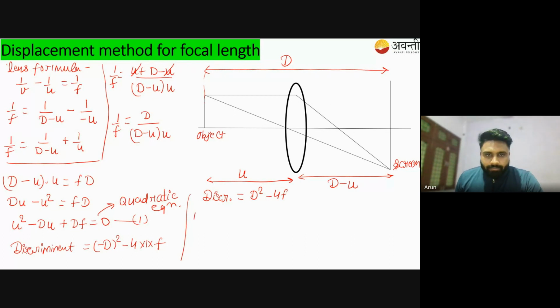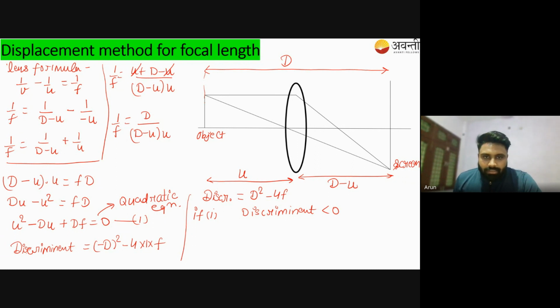Now, in the first case, if this discriminant is negative, so what do we have? If any quadratic equation has a negative discriminant, we have imaginary roots. That is a hypothetical situation. Imaginary roots, no real root can exist.